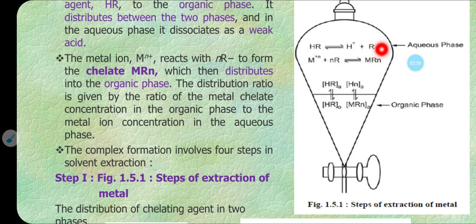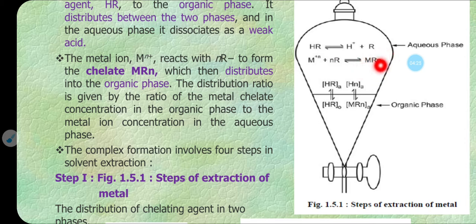Once R minus is formed, it again reacts with the metal cation present in the aqueous phase to form a metal chelate. Then the third equilibrium will be maintained: the metal ion reacts with R minus, the anion of the reagent, to form a metal chelate MR, and this equilibrium will be maintained.